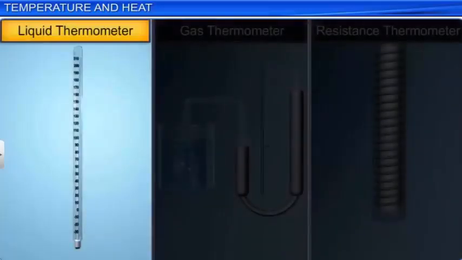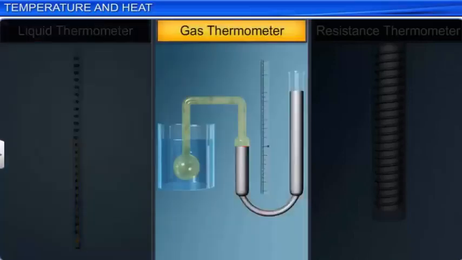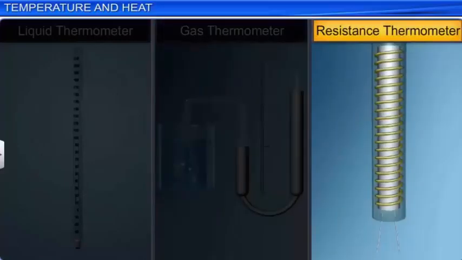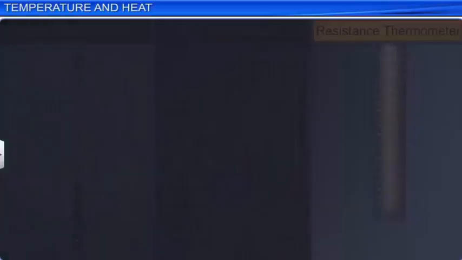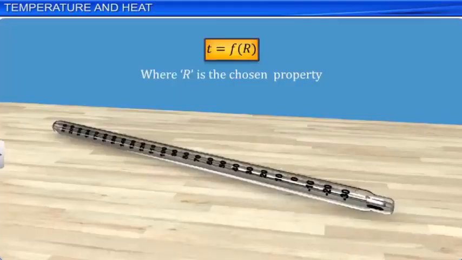In case of a liquid thermometer, the length of the mercury column changes linearly with the change in temperature. Pressure of the gas in a constant volume gas thermometer and resistance of a platinum wire used in resistance thermometer change linearly with the change in temperature. The temperature of a body can be written as a function of the selected property, say R.